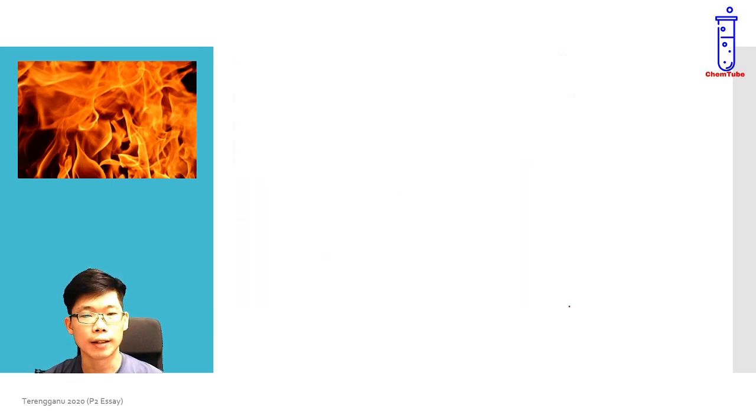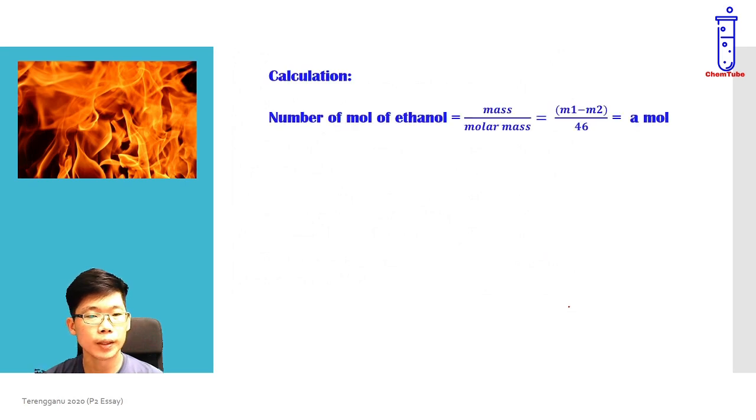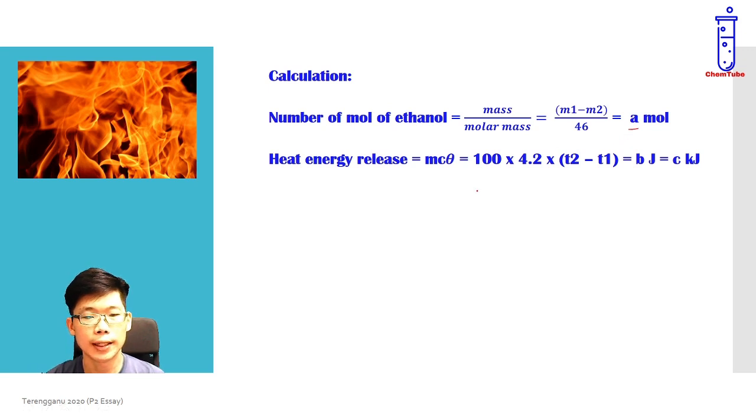So for the calculation, first we put in the number of moles for the ethanol. So m1 minus m2 divided by the molar mass of ethanol, 46. Let's say it's A, we use the unknown A mole. Number 2, the heat energy released is m, for the volume of the water, 100, times c, which is 4.2, times the temperature change, T2 minus T1.